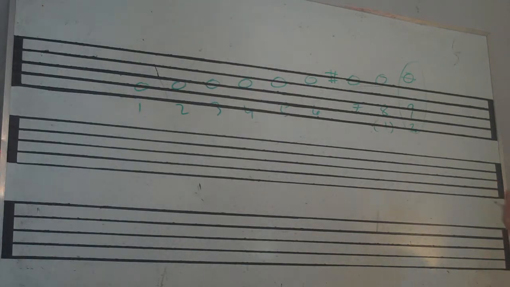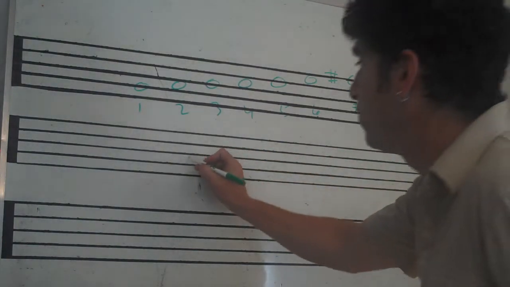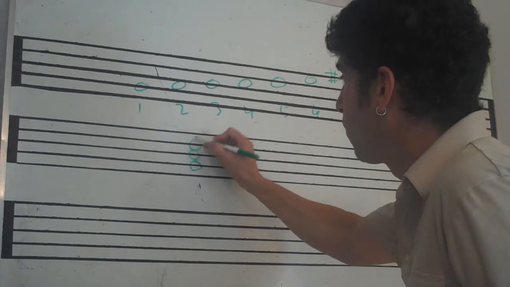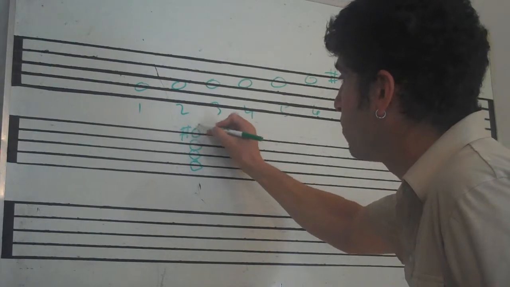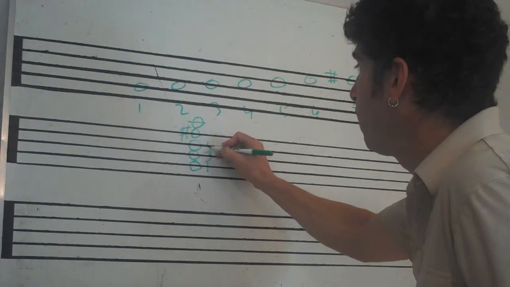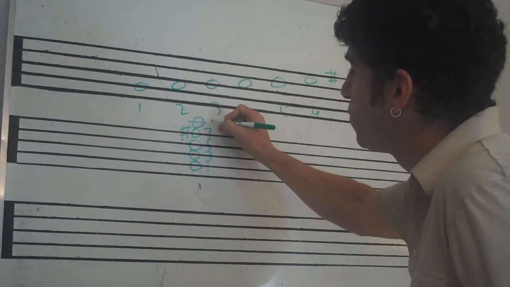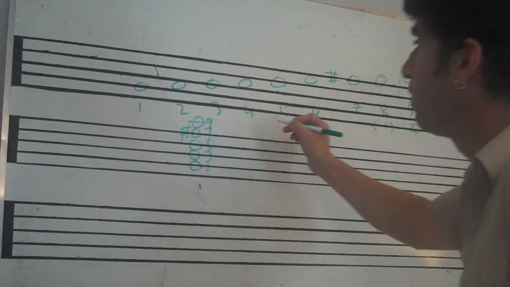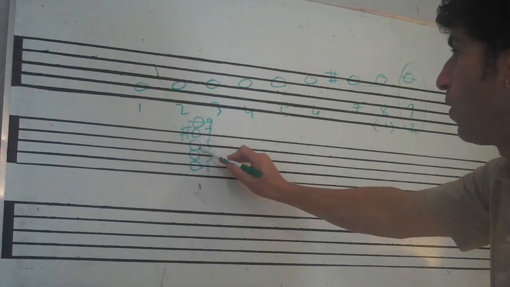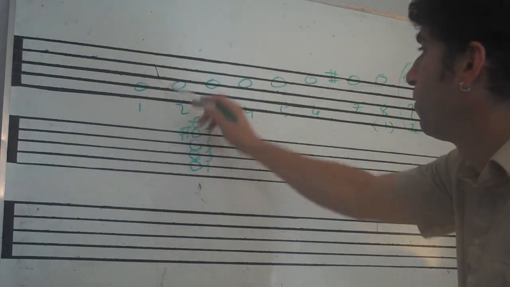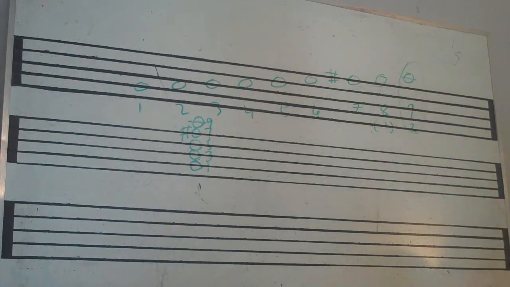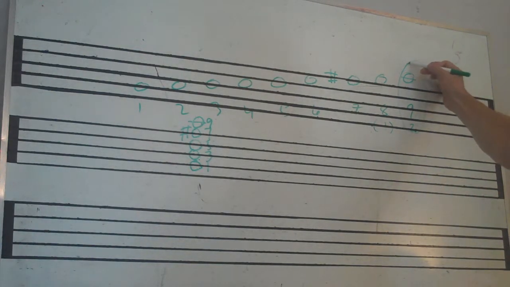So if we were to write out a G major 9 chord, it would look like 1, 3, 5, major 7, and the 9, right? 1, 3, 5, major 7, and 9. And so you can see that these are the same notes as here: 1, 3, 5, 7, 9.